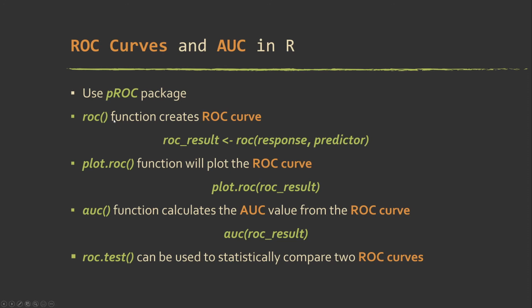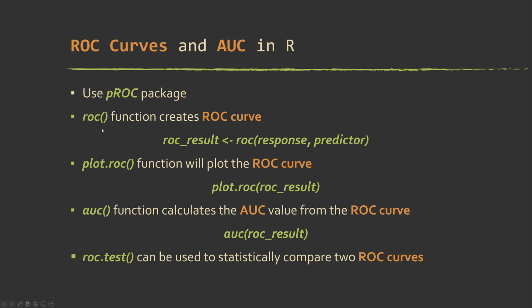If you want to calculate this inside of R, the pROC package is a good option. The roc function produces the ROC curve. The response is the class, the correct label, and then the predictor is the probability relative to the true class. The plot.roc will then plot that curve.